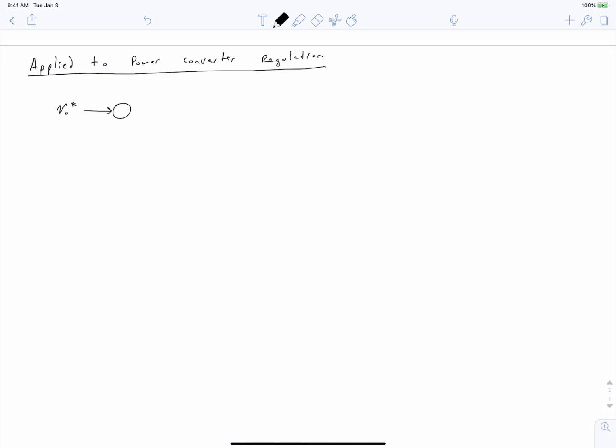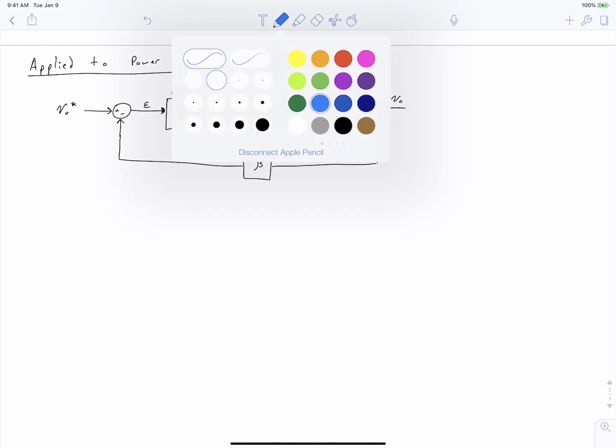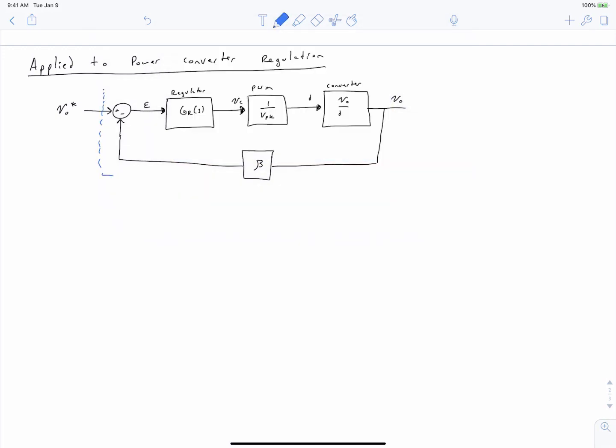Let's now talk about how we can apply this to regulation of a power converter. And what we're going to do with our op-amp is we're going to replace this portion of the circuit with our inverting op-amp. Only we're going to make a small change.